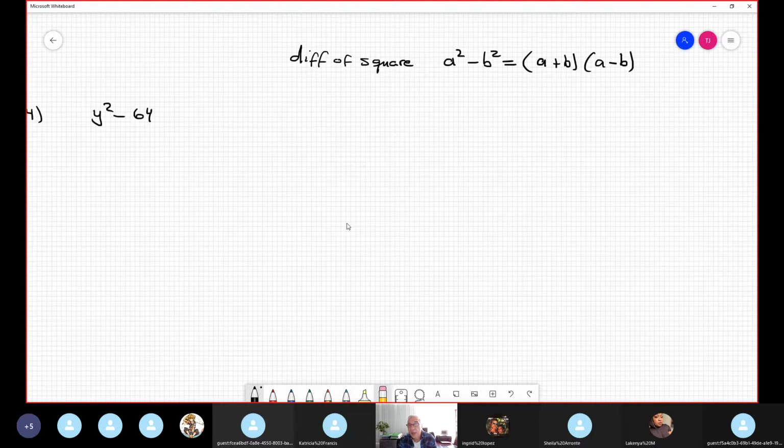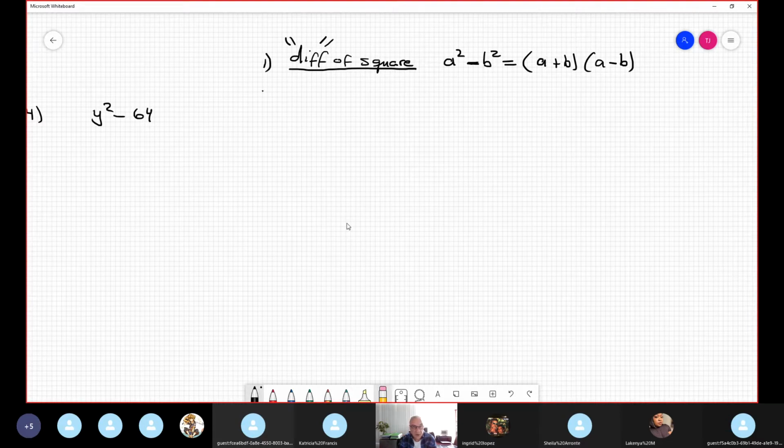You apply it when you have a subtraction of squares. The exponent is not necessarily 2: it can be any even number, 2 or 4 or 6. You apply difference of squares, for sure. This is the first kind.